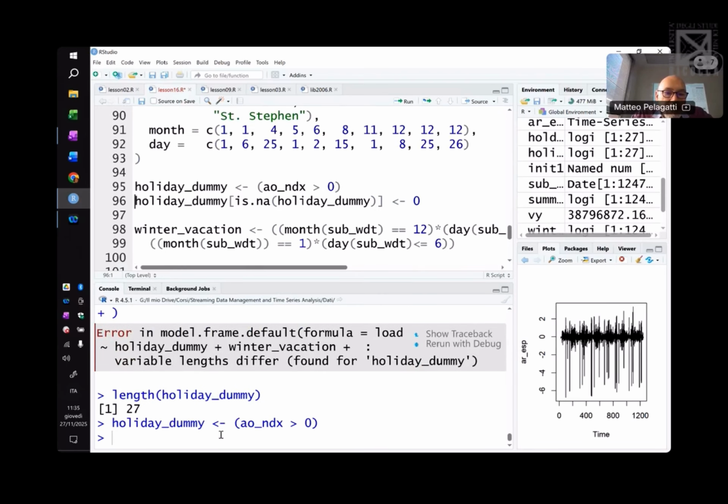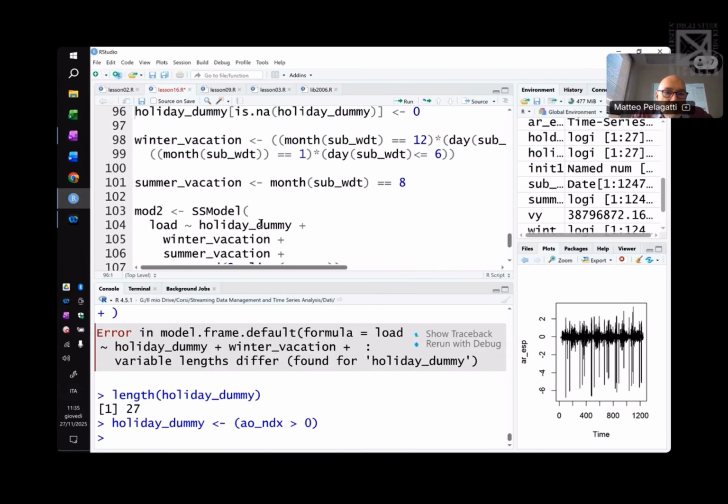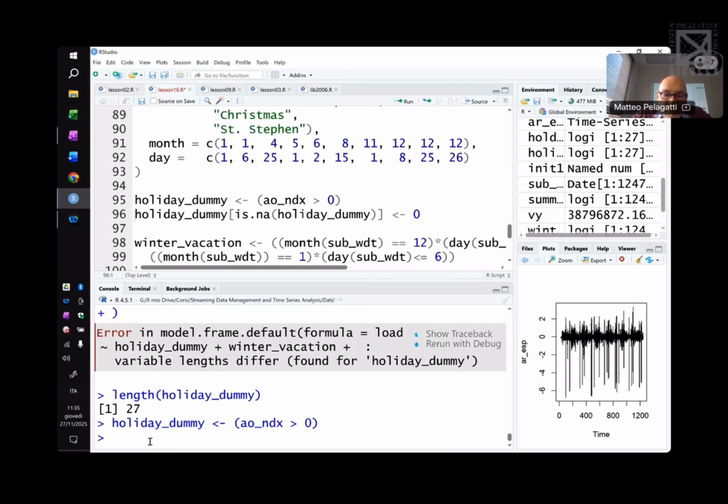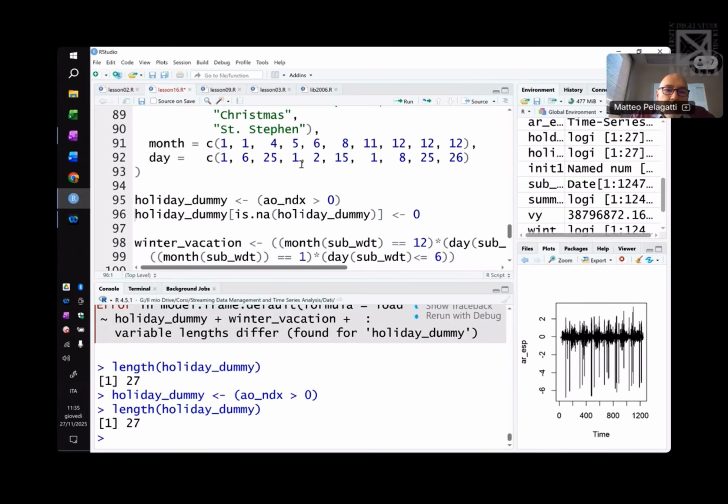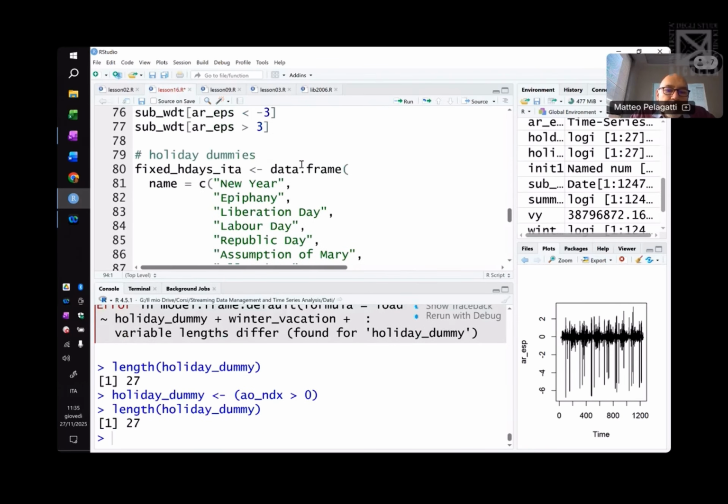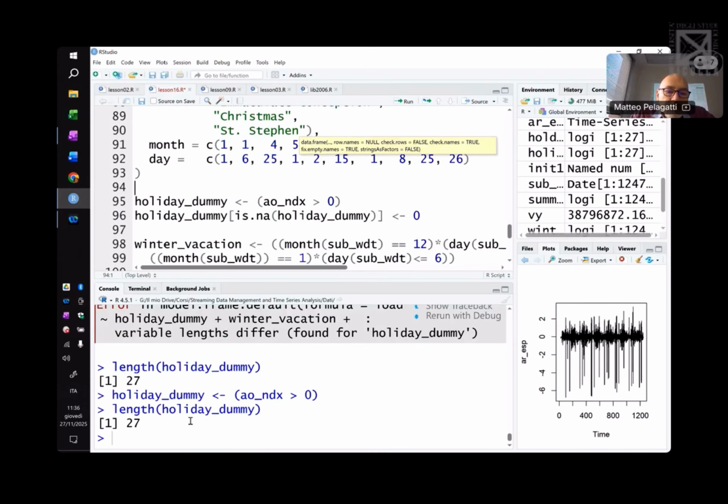Holiday done. Maybe I wrote it wrong. Is it just 27? Okay, sorry. This is why it's wrong.